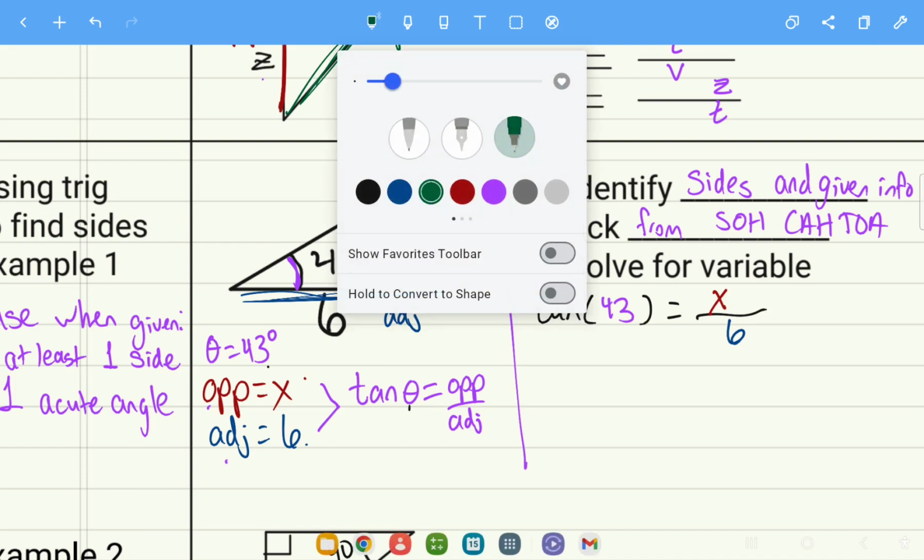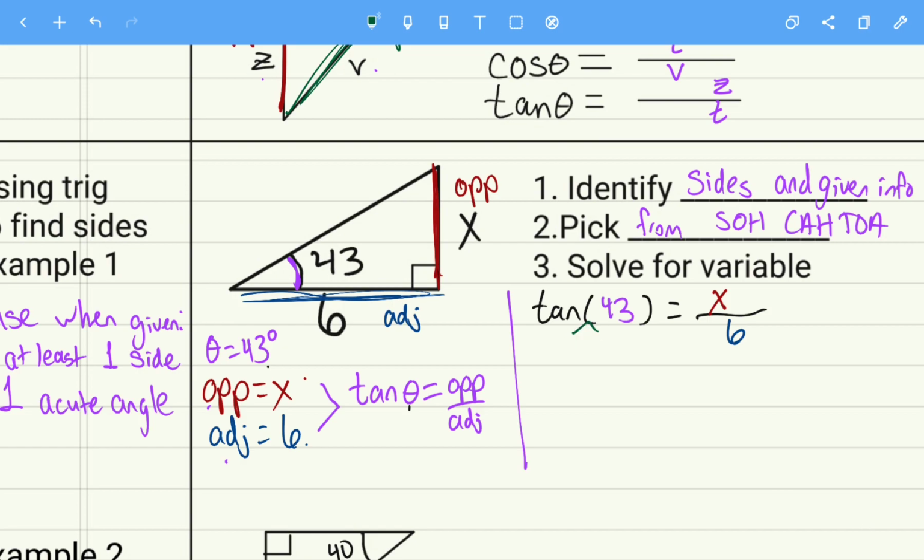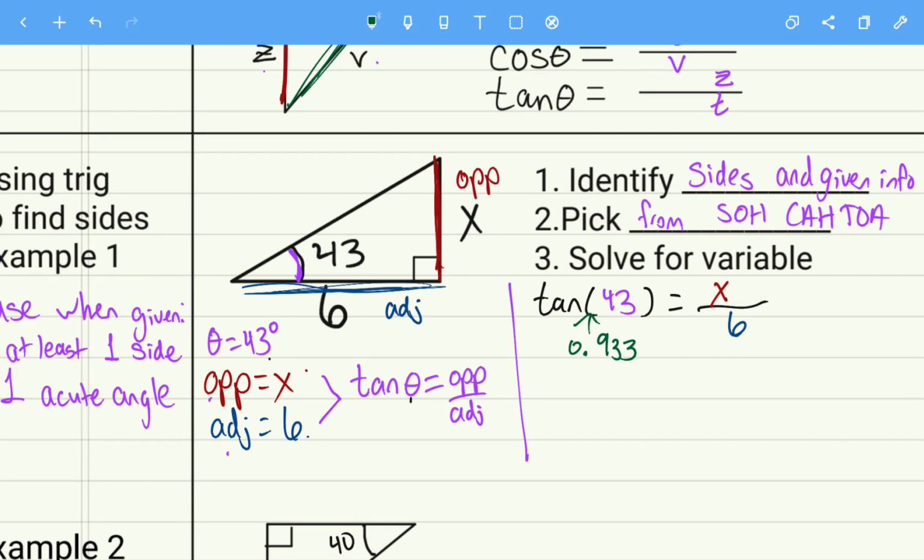Now, if this scares you, you can plug that straight into a calculator. That will give you 0.933 equals x over 6.